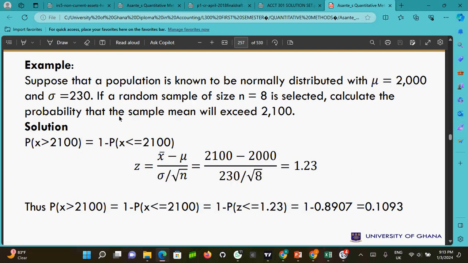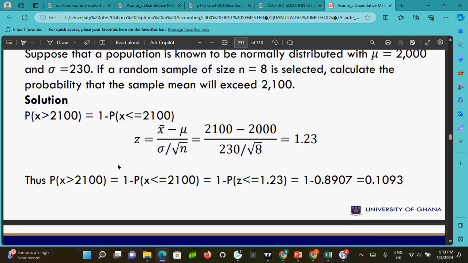So calculate the probability that the sample mean will be greater than. Since it is greater than, we always subtract the probability we get from 1. So that's what they did here.